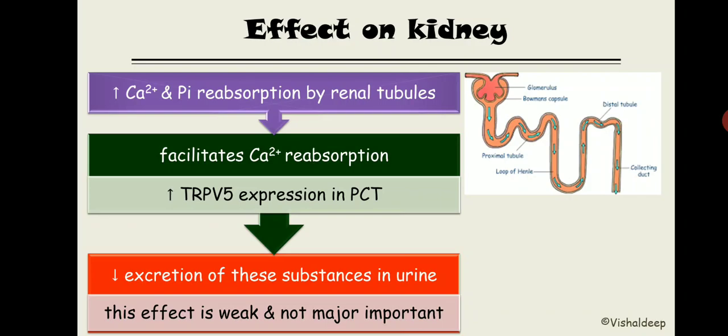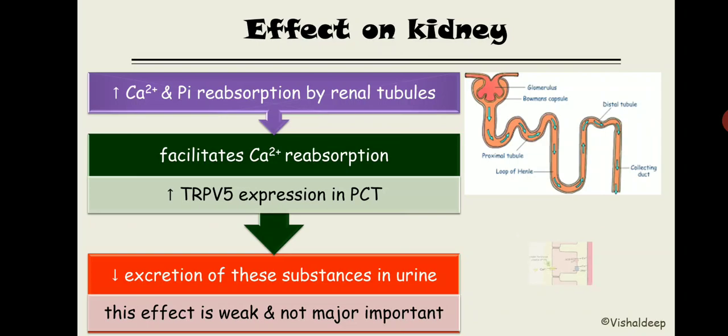So the reabsorption of phosphate via vitamin D is counteracted by phosphate excretion by parathyroid hormone. Got it? So ultimately there is more calcium in the circulation and less phosphate in the circulation. Got it?